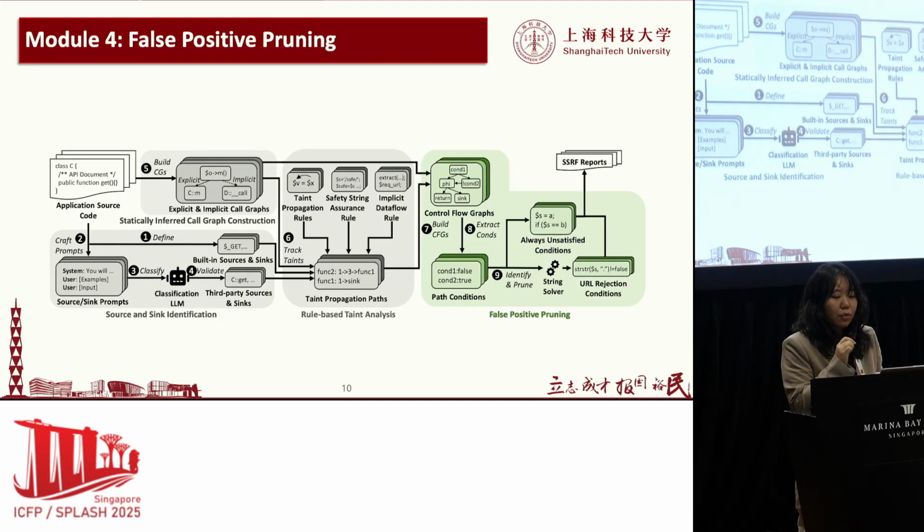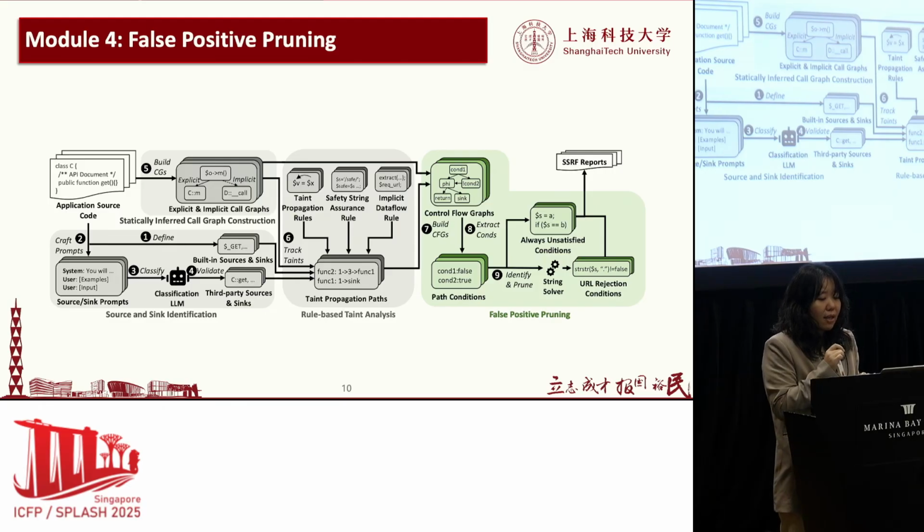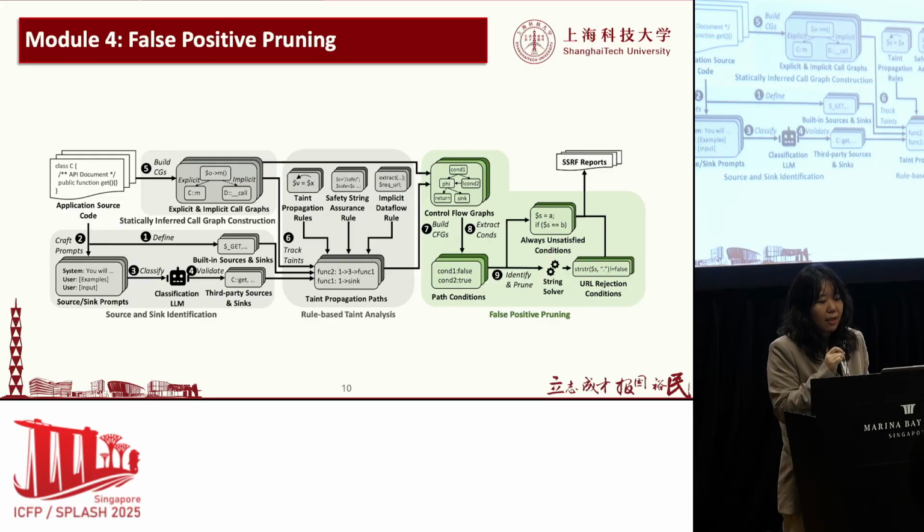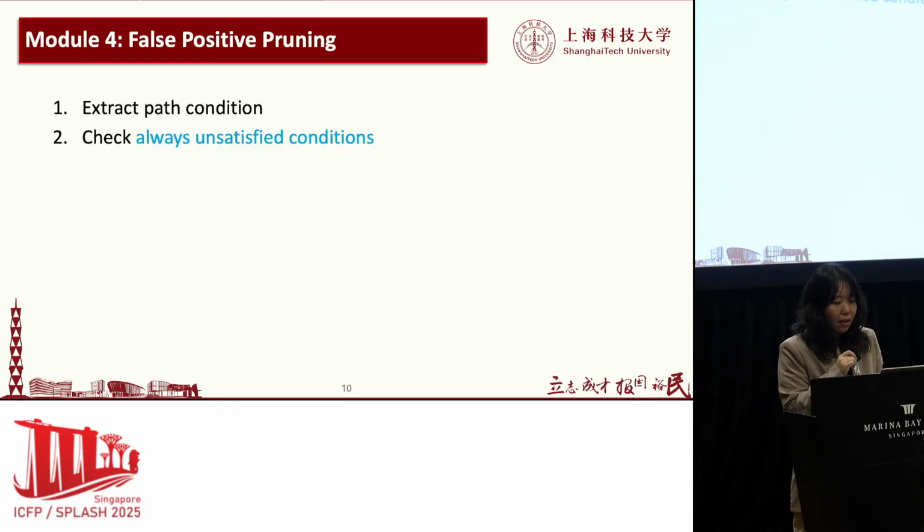So far, the rule-based taint analysis is path insensitive, which can produce false positives by reporting infeasible paths. The fourth module helps reduce this by pruning two types of false positives, which are always-unsatisfied conditions and URL rejection conditions.